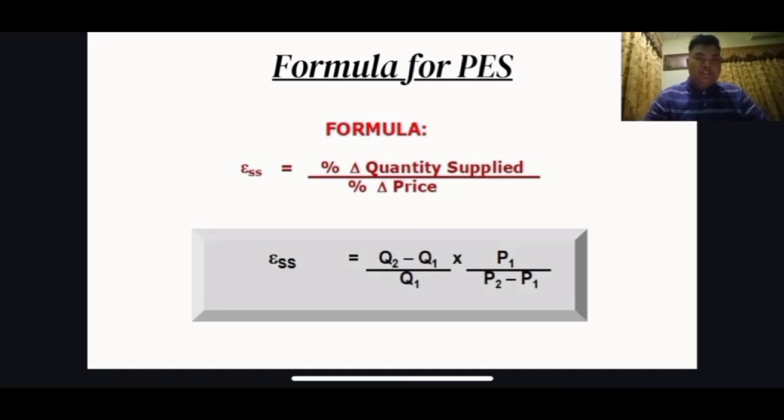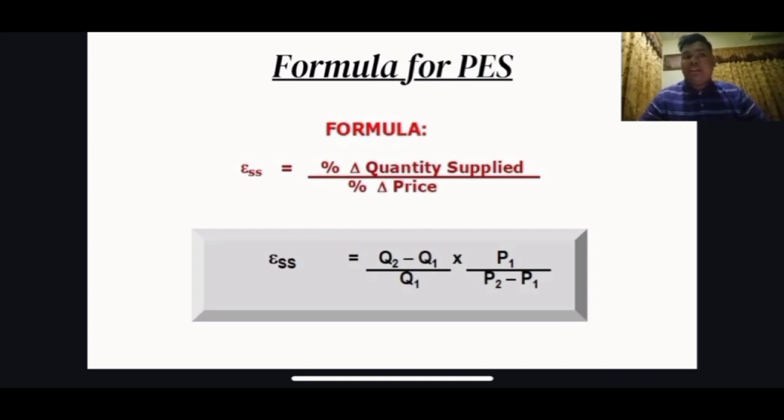So this is the formula for PES, which is the percentage change of quantity supplied over the percentage change of price. And the second formula is Q2 minus Q1 over Q1 times P1 over P2 minus P1.